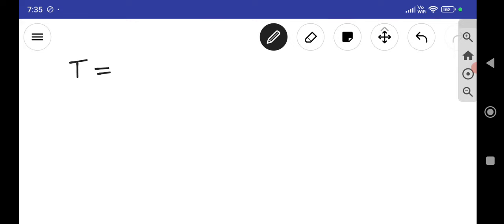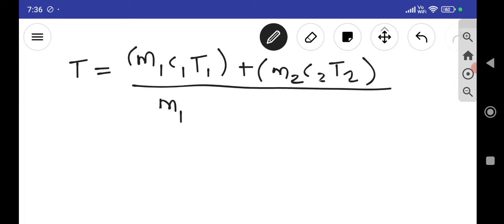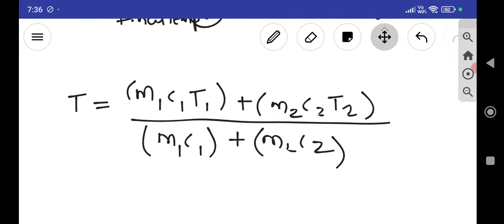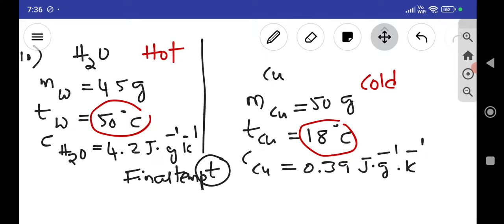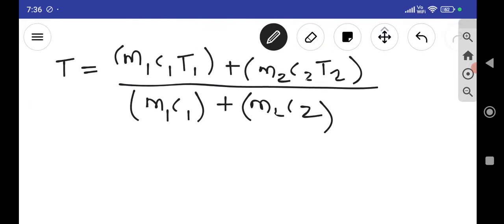The final temperature T is identified as M1 C1 T1 plus M2 C2 T2 divided by M1 C1 plus M2 C2. Right, so everybody, I think you are able to follow this. Here I have written all the values and here I have given you the formula. What we should do is just substitute the values.